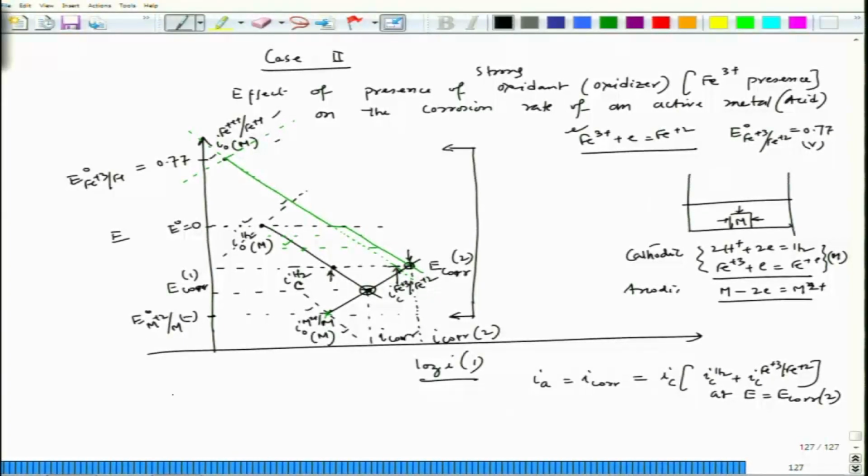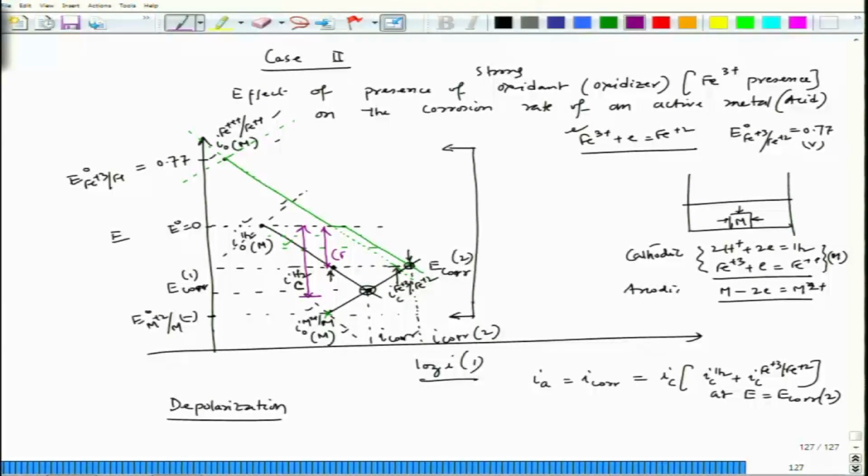What is depolarization? Depolarization means that what should have been the polarization, that amount of polarization or the overvoltage, has reduced. Had it been only metal dissolution and hydrogen evolution reactions, my overvoltage would have been this much. Now with the presence of Fe+3, the overvoltage for hydrogen evolution is this much.